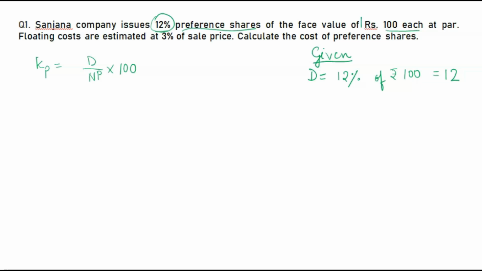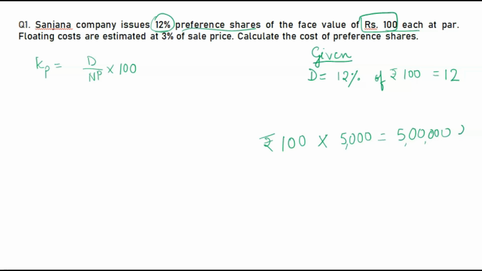Suppose this 100 rupees is the value of one share, and if they had given us the number of shares as 5,000, then it would have been 5 lakh, correct?